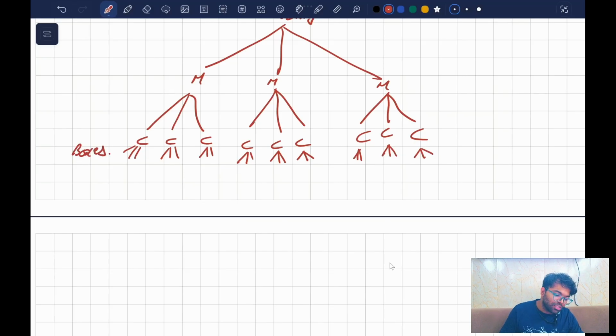Now, each medium sized box contains 3 small pouches. So if you have 1 2 3, you are having 9 pouches here. Inside every box there are 3 pouches. There were 3 boxes, so how many pouches will there be inside the 3 boxes? 9.